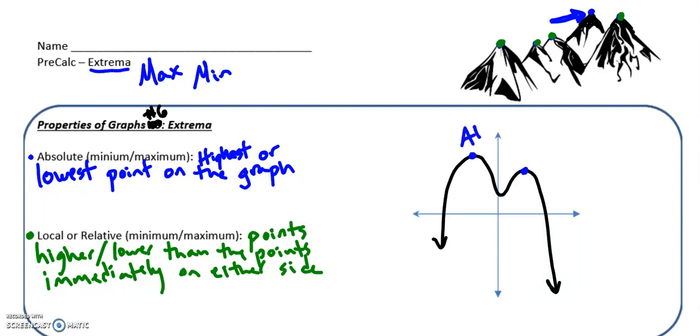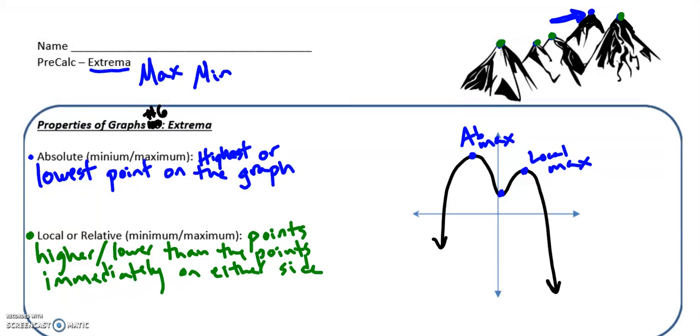Specifically, this one would be an absolute max, because he's taller than all the other points on that graph. And this guy down here would just be a local maximum, because he's only taller than the points immediately on either side. And again, local or relative for that maximum.